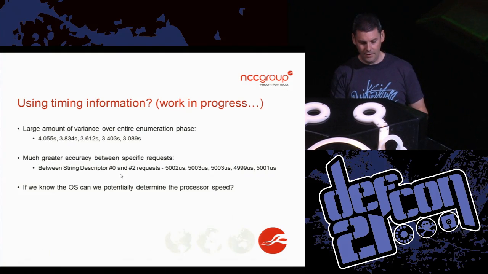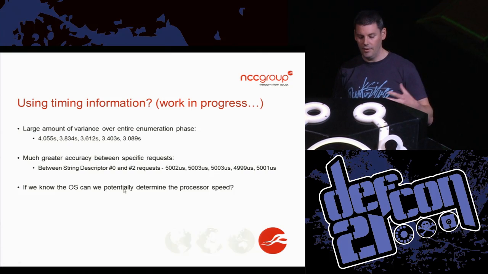However, I noticed that if you choose the time between specific requests, for example between the requests for string descriptor 0 and 2, there's actually very little difference in the timing. This implies that if you already know the OS, there's the potential for discovering some speed information here. Again, this is work in progress, and I hope to talk a bit more about that in the future once I've done further research.